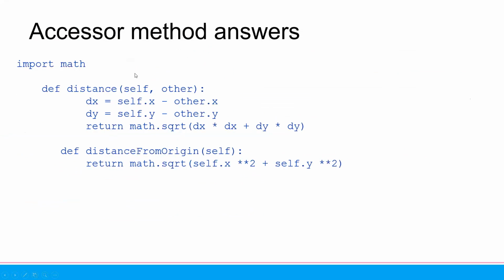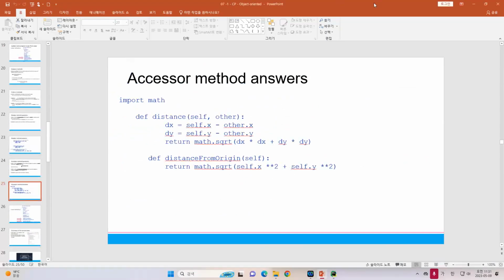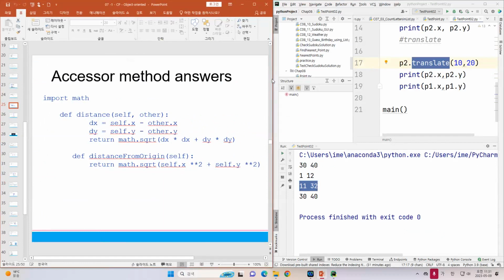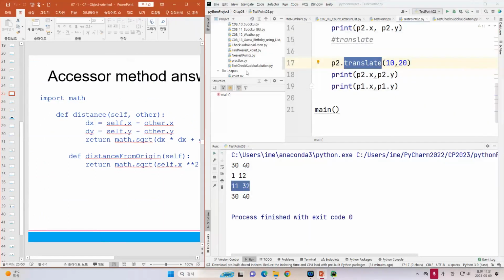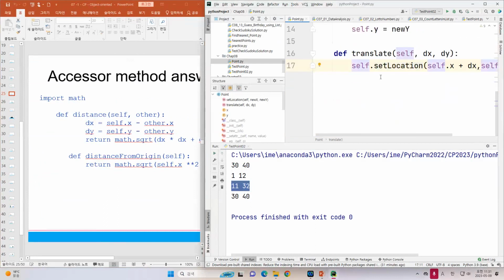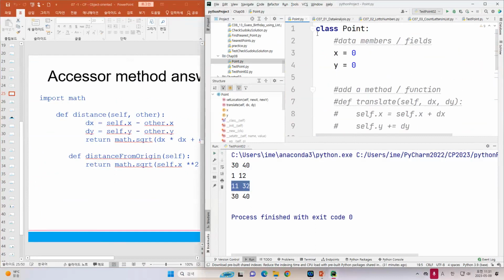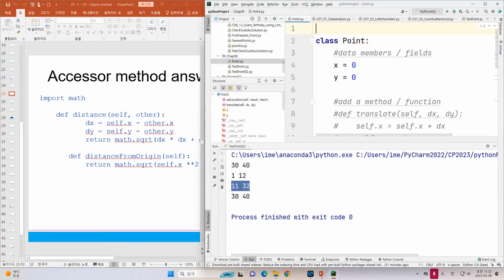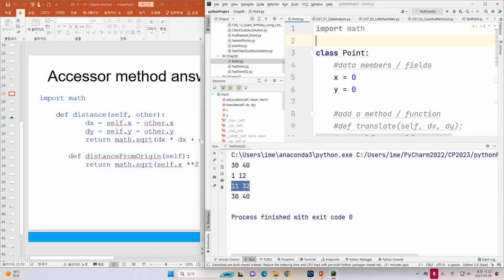So I give you this. Let's try to write it. So in the point.py, I have another function. You can see in this PowerPoint, I have the import statement. The import statement you can put at the top of the file, because I'm going to use some functions in the math module.